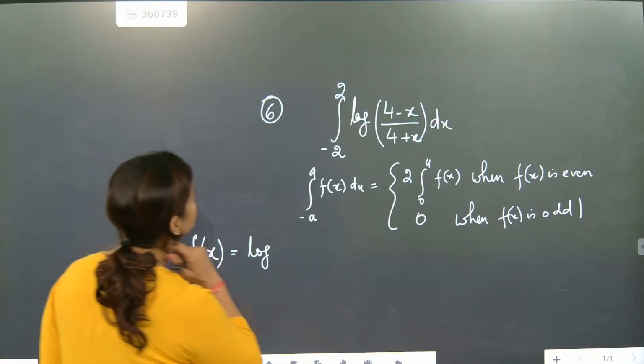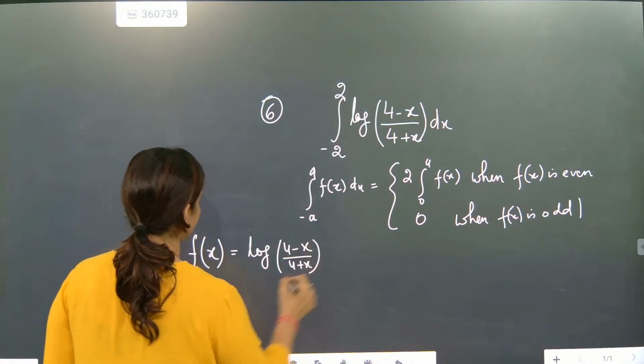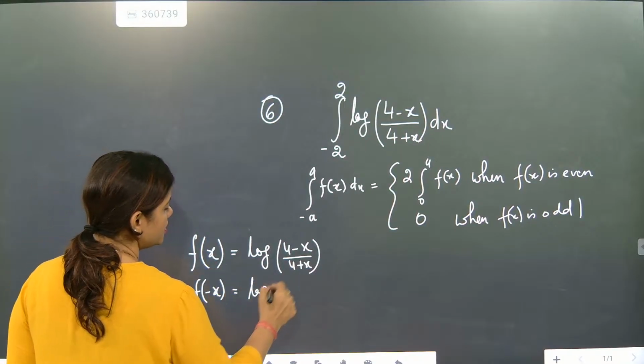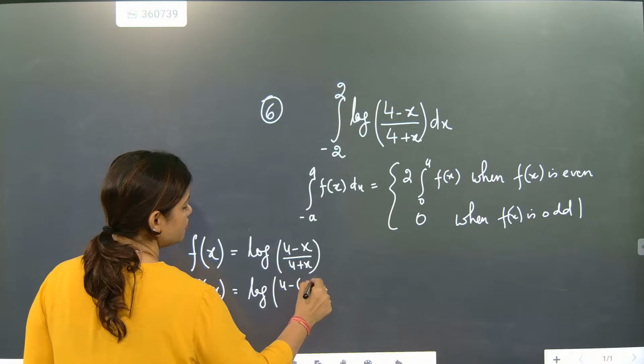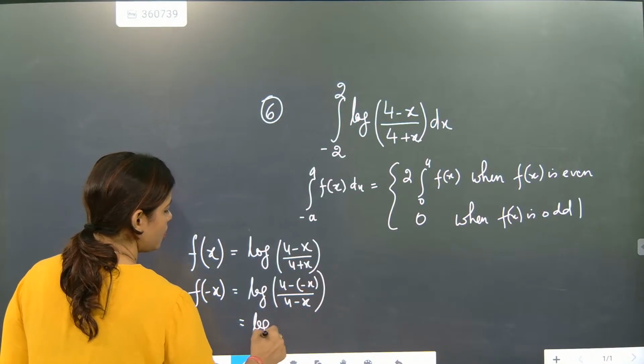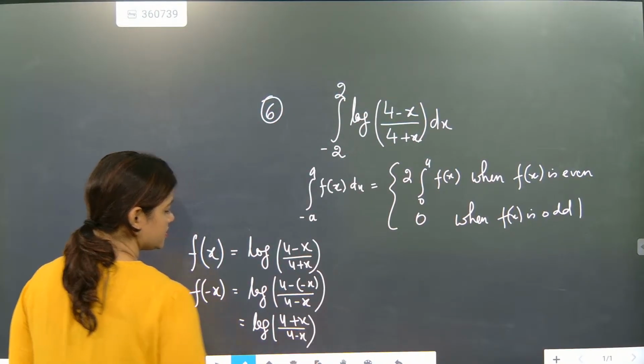Okay, so here it is log of (4 minus x) by (4 plus x). Now find f of minus x. Wherever x is there, it becomes minus x, so the numerator becomes 4 minus of minus x, that is 4 plus x, and the denominator becomes 4 minus x. So it becomes log of (4 plus x) by (4 minus x). Understood?